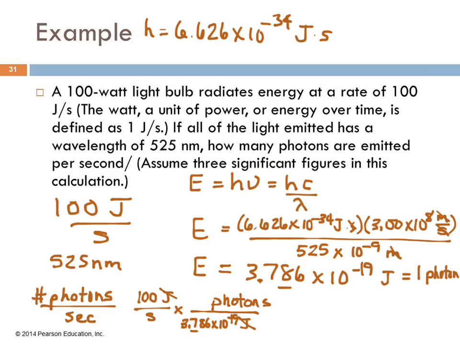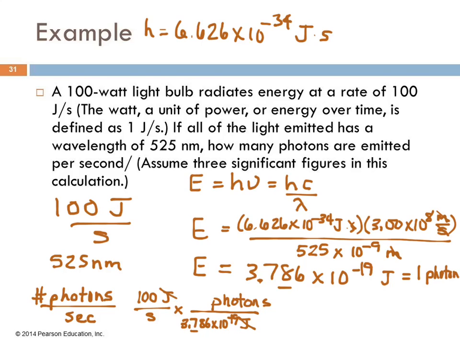So that's that number I had before. Okay, 100 divided by 3.786 EE minus 19 equals.